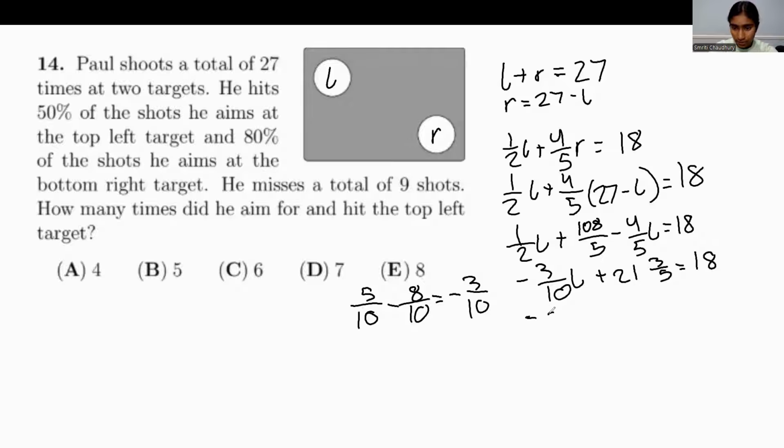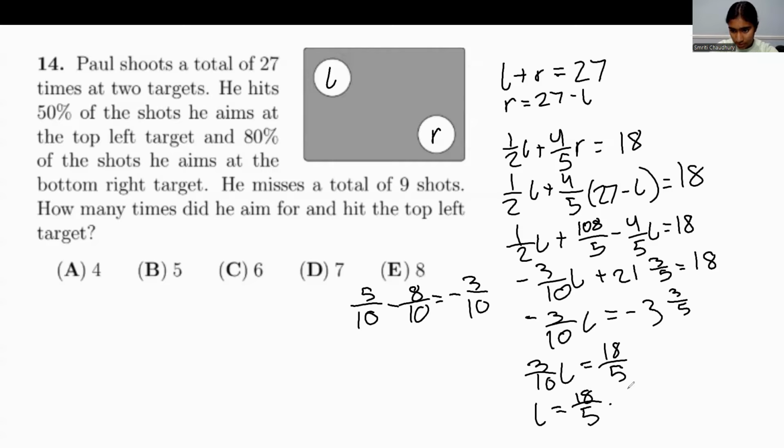So -3 over 10 L equals -3 3/5. So let's take the negatives away. Now we have 3/10 L equals, and now let's make this an improper fraction, 18 over 5. And that means L equals 18 over 5 times 10 over 3, because we multiply both sides by 10 over 3.